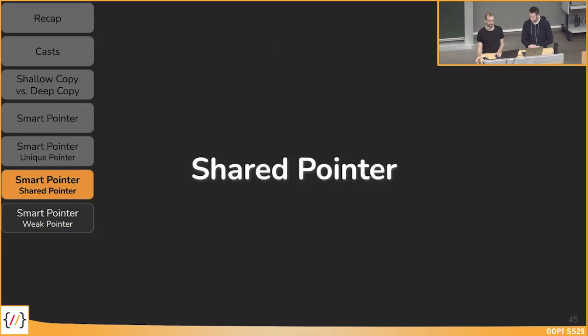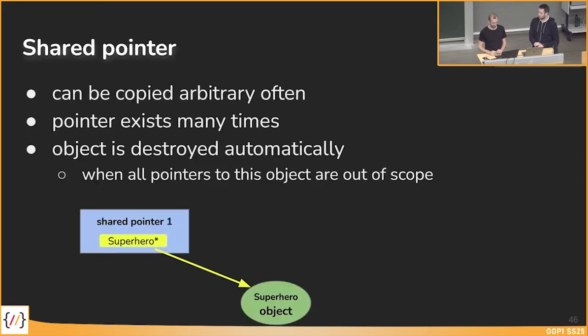And there is luckily a solution, and this is shared pointers. And shared pointers are maybe the most used type of smart pointers because they allow you to have more than one smart pointer pointing to the same object. And only as soon as all of them are out of scope, the object is destroyed. That's very cool.